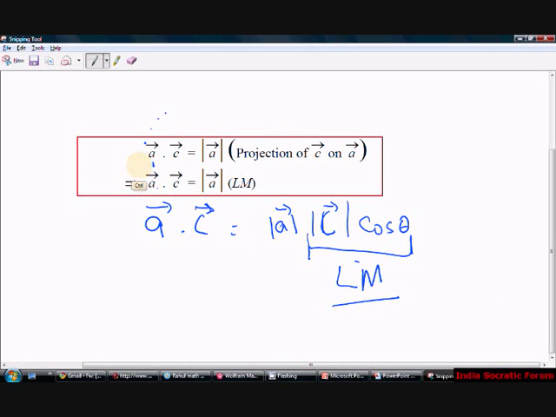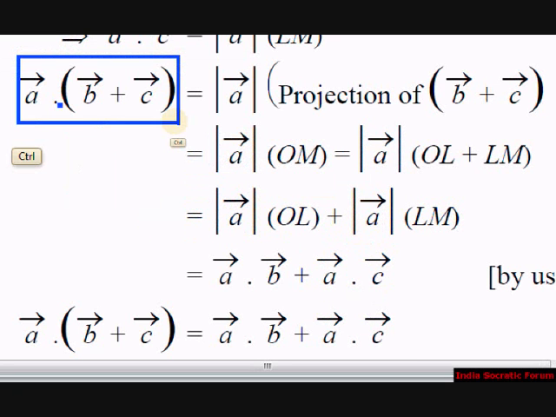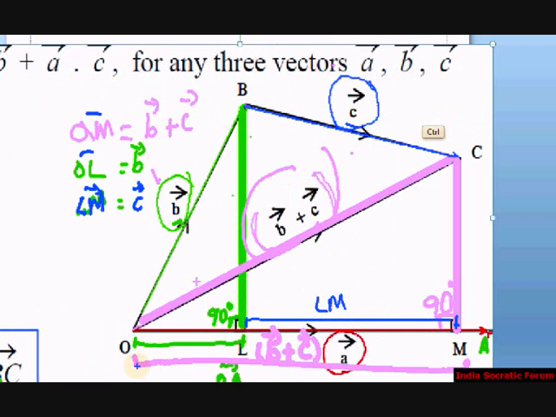So A dot C we can write as modulus of A into LM. Now the dot product of A with B plus C vector is nothing but modulus of A into the projection of B plus C on A vector, on OA. From this picture we know the projection of B plus C on A vector is OM.